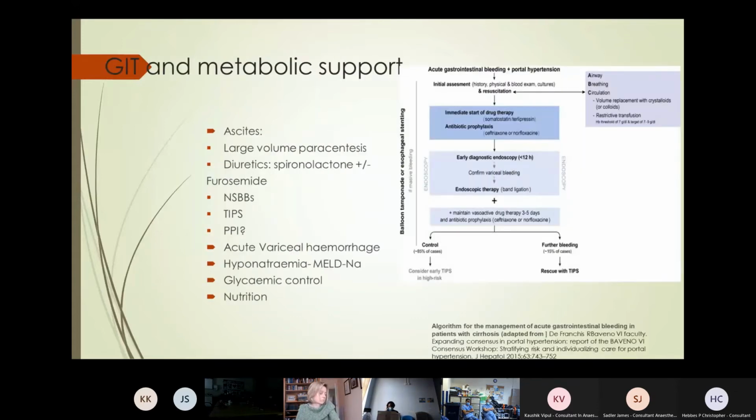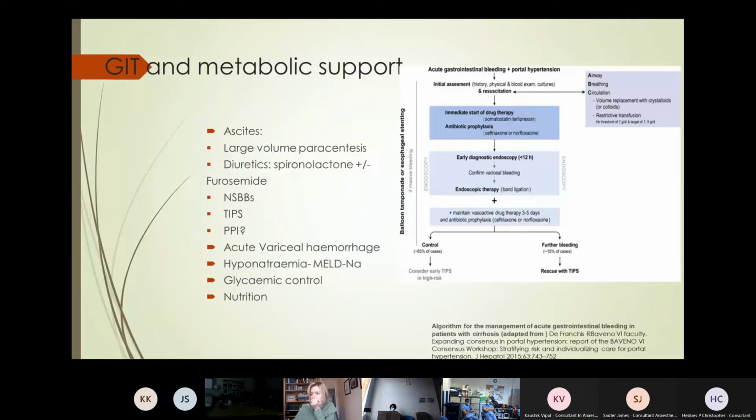So GIT and metabolic support. The GIT and metabolic, mostly our issue here is ascites. It is acute variceal hemorrhage, hyponatremia, glycemic control. Any patient who comes in with ascites, as we said, take the intra-abdominal pressures. They will benefit from large volume paracentesis.